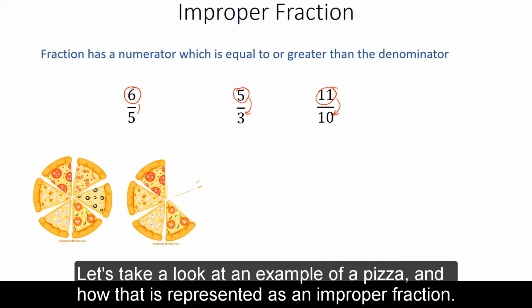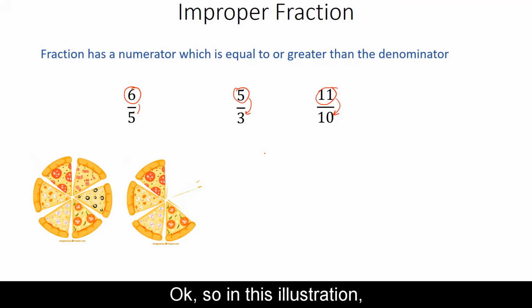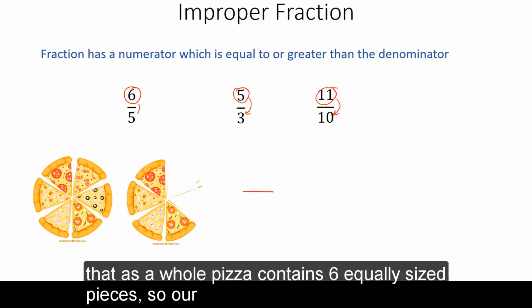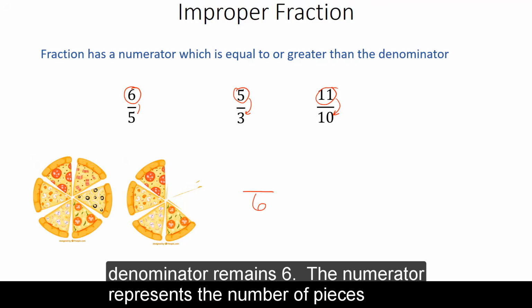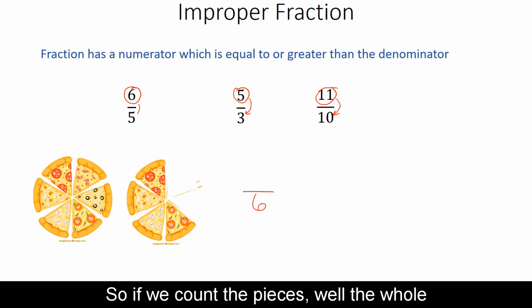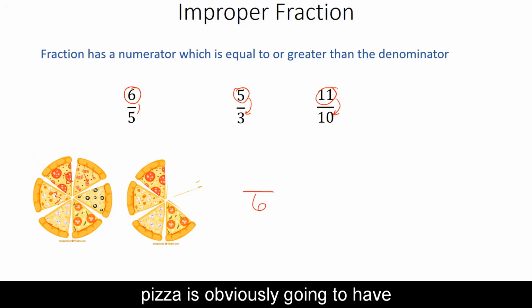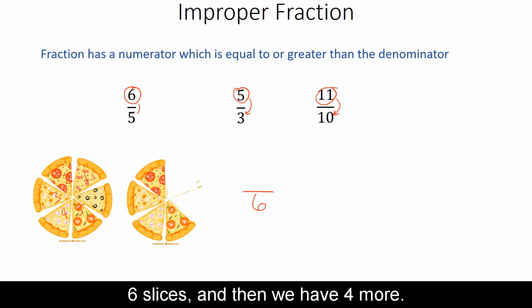Let's take a look at an example of a pizza and how that is represented as an improper fraction. Okay, so in this illustration, we still have pizzas that as a whole pizza contains 6 equally sized pieces. So our denominator remains 6. The numerator represents the number of pieces. So if we count the pieces, the whole pizza obviously is going to have 6 slices, and then we have 4 more in the partial pizza.